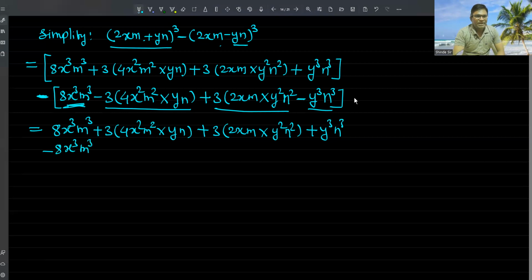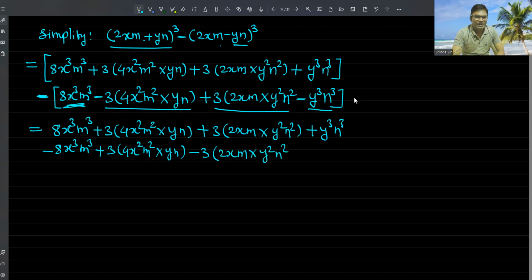Then -1 into this term, which is already a negative term, will give us a positive expression, and that will be 3 times 4x square m square into yn. Now let us multiply -1 and this term, which will give us minus 3 times 2xm into y square n square.